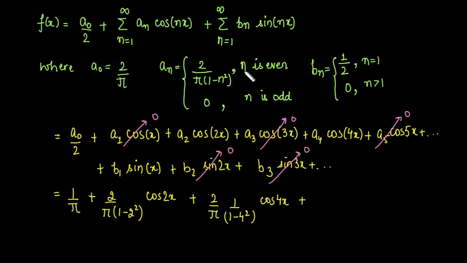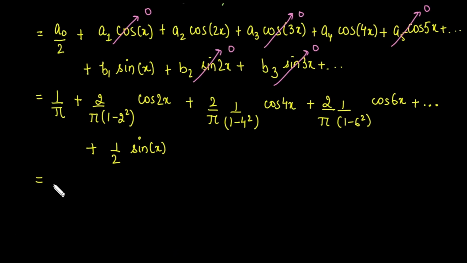Next term is for n equal to 6, so that is 2 upon pi times 1 upon (1 minus 6 square) cos of 6x, and so on, plus the value of b1 is half, so we can write this as half of sine of x. This can be further simplified as 1 upon pi, club this term first, 1 by 2 sine of x.